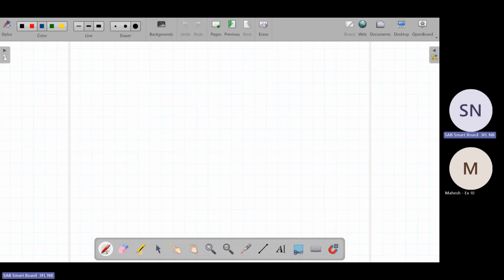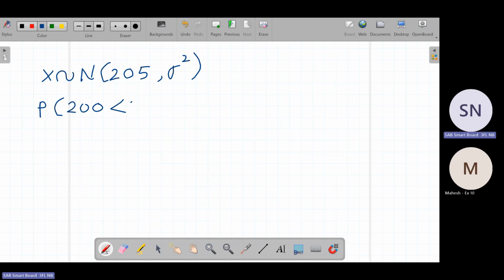Okay, then question is given the probability in between 200 and 210, 0.98. Now, mu value is 205. Standard deviation we do not know. Then here you need to find out the sigma value.